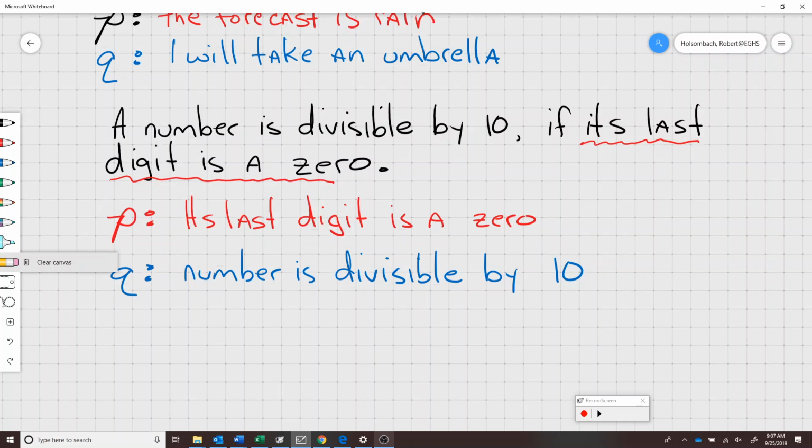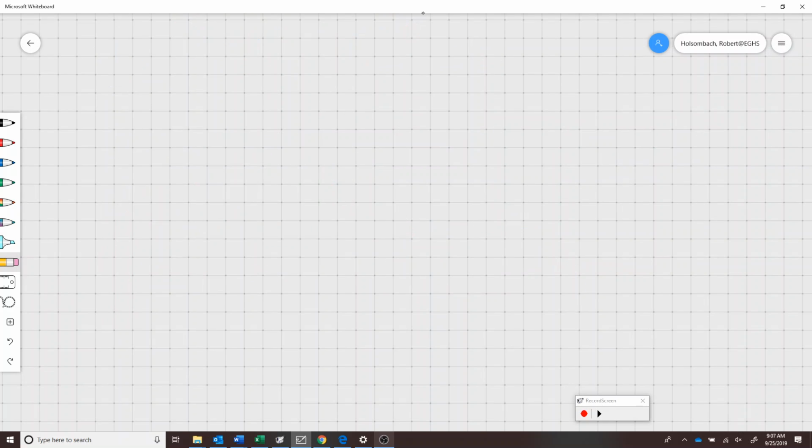Your practice is going to start back on page 94. Do 1 through 6. That's just getting familiar with the term write a conjecture. Remember, that's just looking at specific examples and then making a statement.